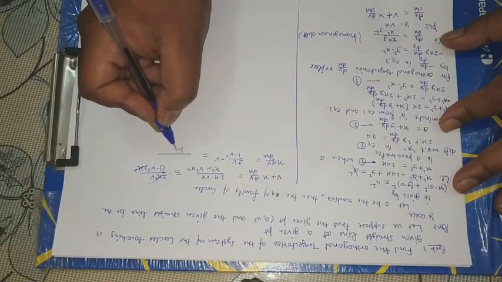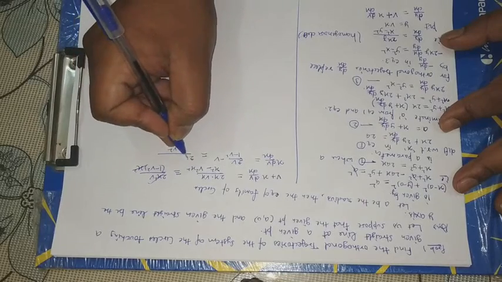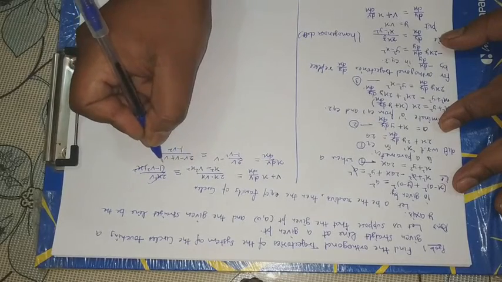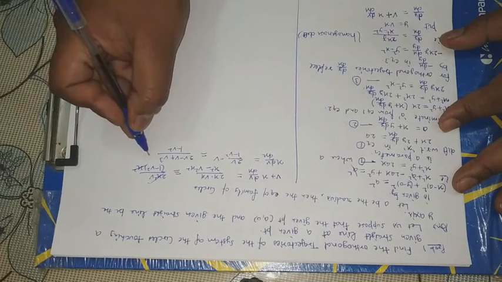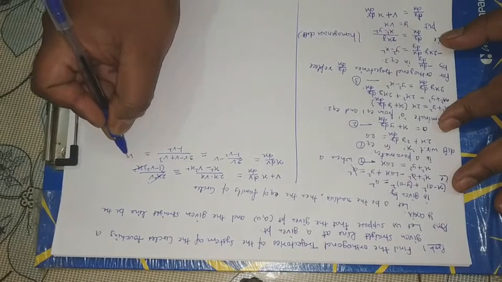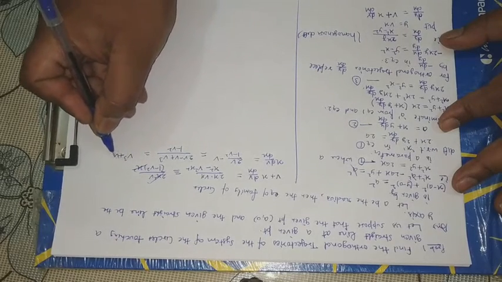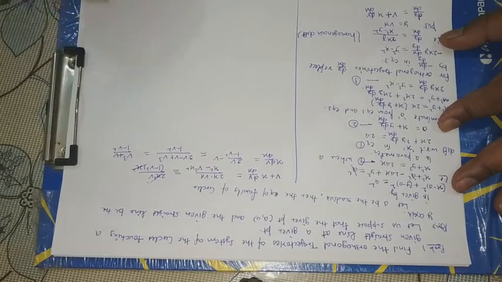Now taking LCM 1 minus v square, that is 2v minus v plus v cube, which is equivalent to (v cube plus v) upon (1 minus v square).